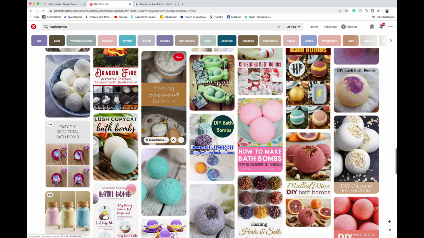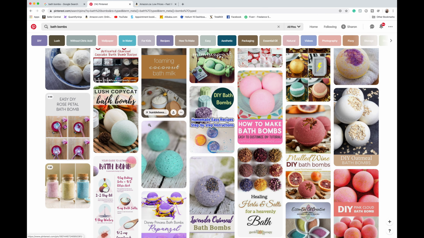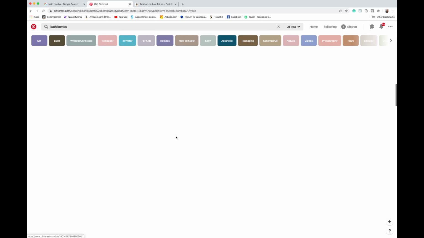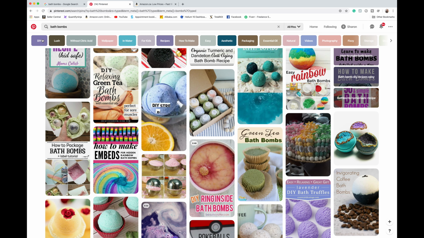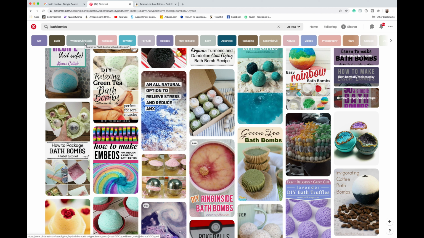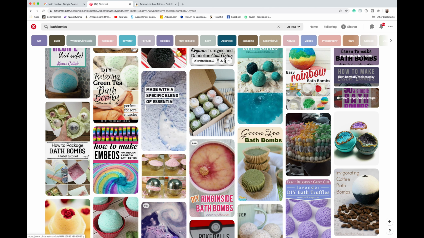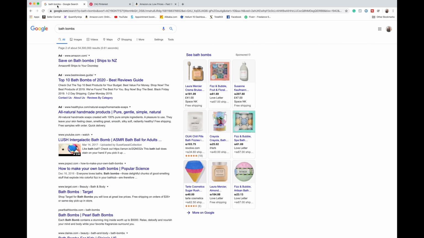And you should definitely join if you're not part of that. But anyway, this is another great way. So using this, it'll also come up, look, DIY Lush without citric acid. Maybe that's a thing, okay, etc. You can also read up here. A lot of differentiation points you will find using Pinterest and Google. Okay, this is a must in my opinion, absolute must.